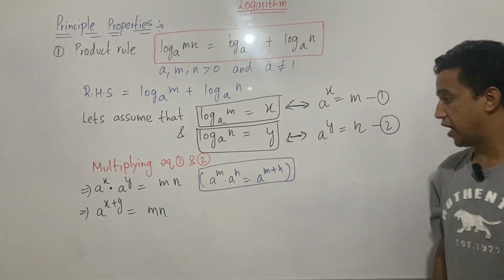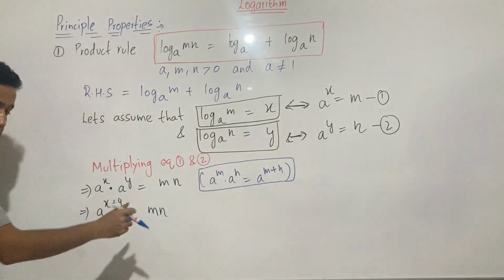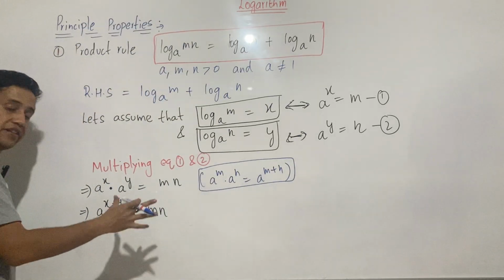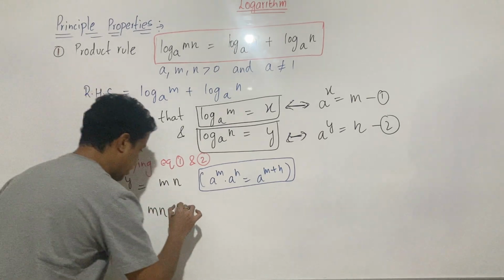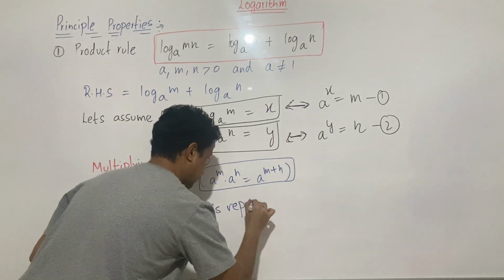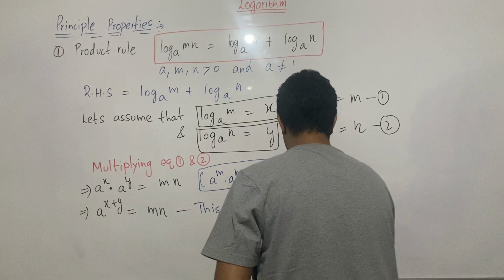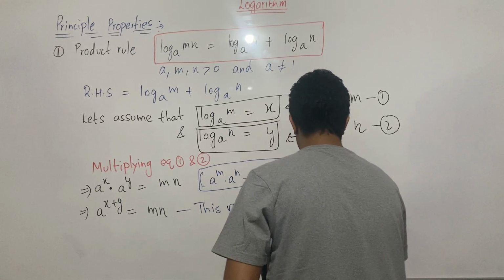So we got a raised to the exponent x plus y equals mn. This represents an exponential function.